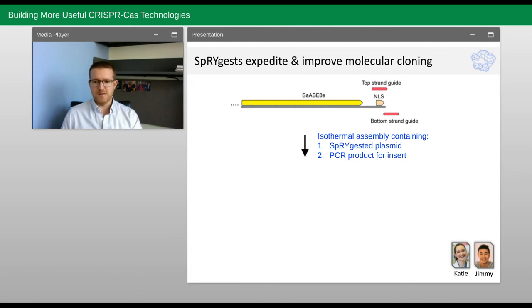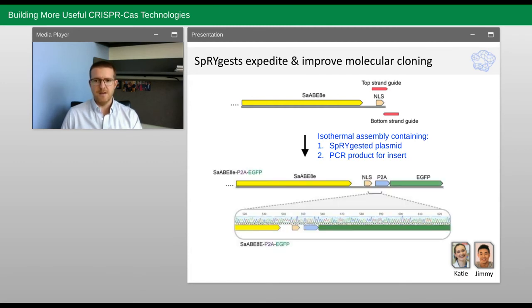And we're able to linearize that plasmid and use a PCR product to do a single-piece Gibson reaction, or isothermal assembly reaction, into that cut site to introduce this P2A GFP sequence. And we can do this with about 95% efficiency, which is consistent with the efficiency that you see with restriction enzymes. But here we didn't need to rely on the availability of a restriction site right after this NLS, because we could cut precisely there with the SpRY enzyme.